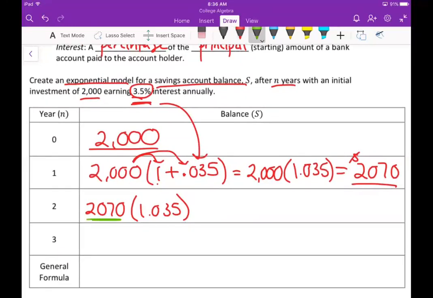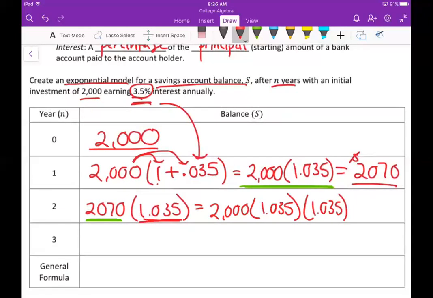So remember here, we got 2,070 from taking that original amount times 1.035 once. So then this becomes, okay, we took the original times the interest rate plus 1 once, and now we need to do it again. So we're going to take it times 1.035 again.